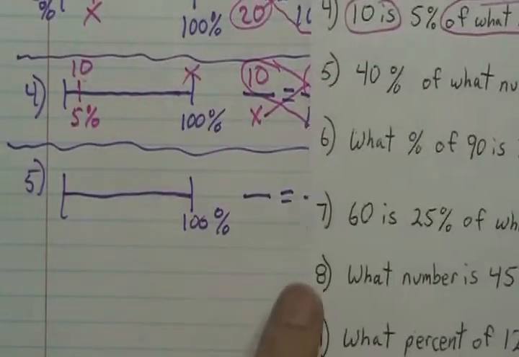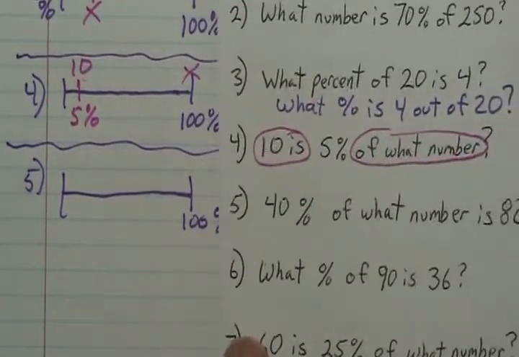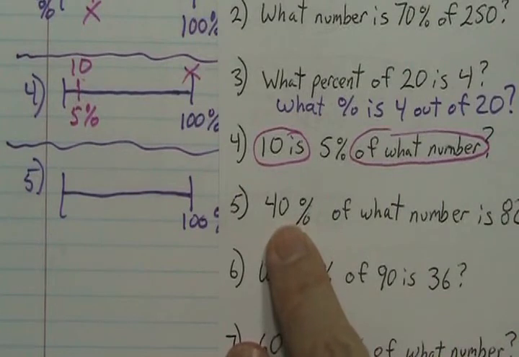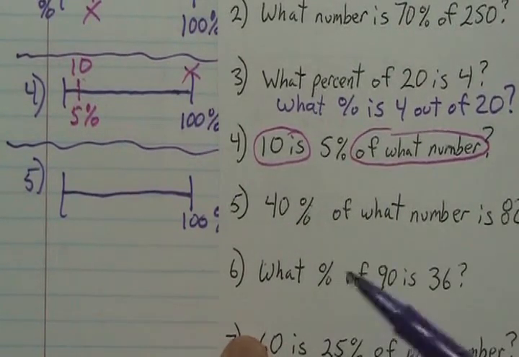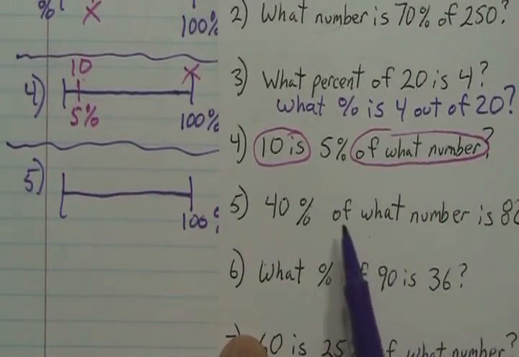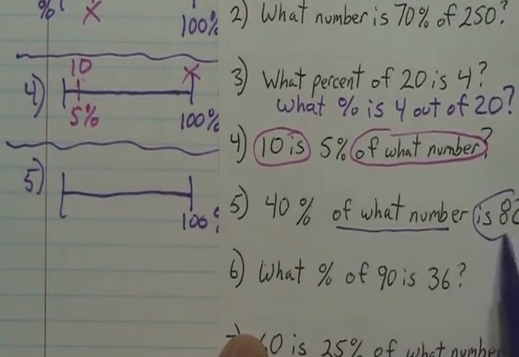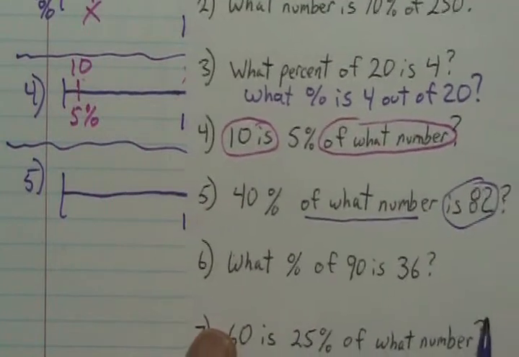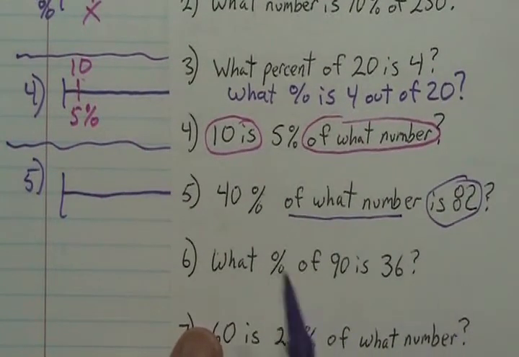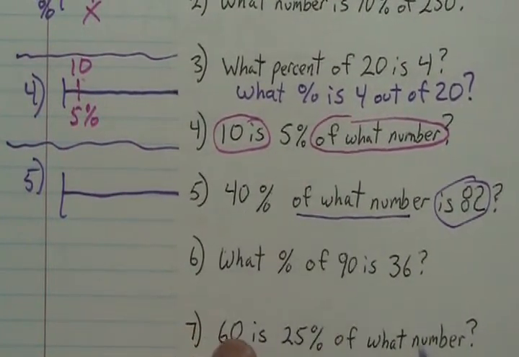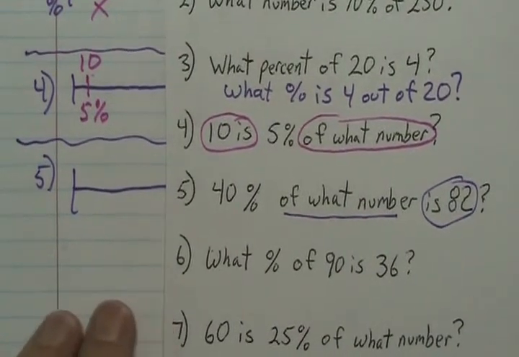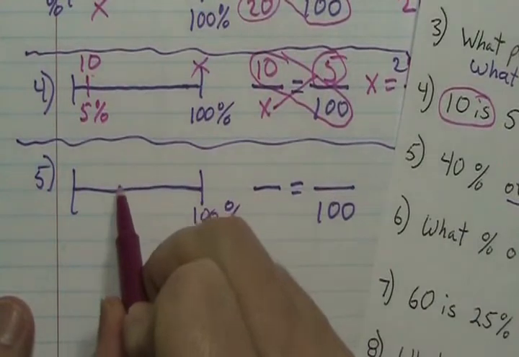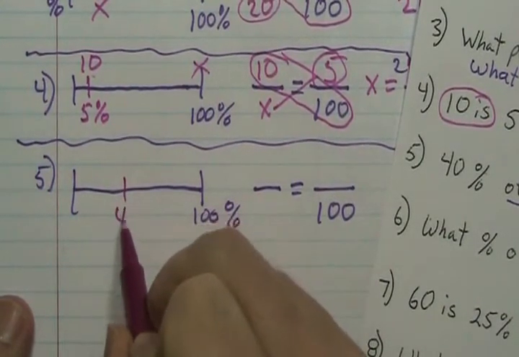The question is, number 5, it says 40% of what number is 82? 40% of some number is 82. 40%, okay, we know the 40%, so I will put that down here. 40 out of 100, so let's say it's about halfway. Right?